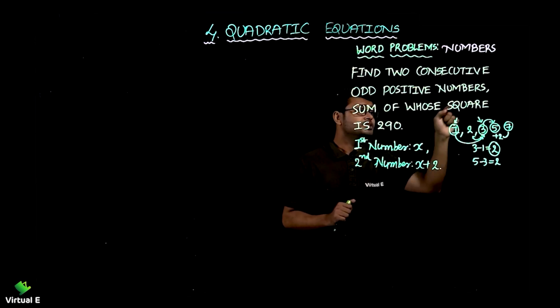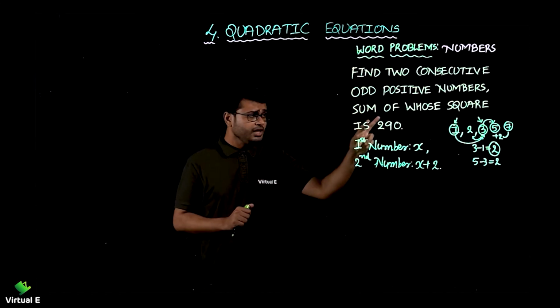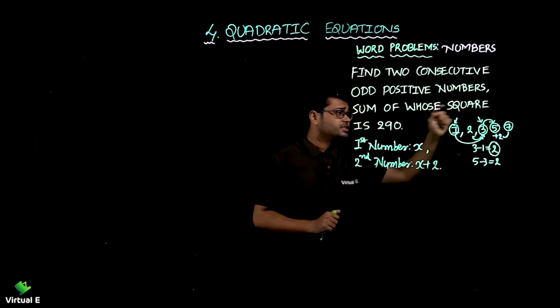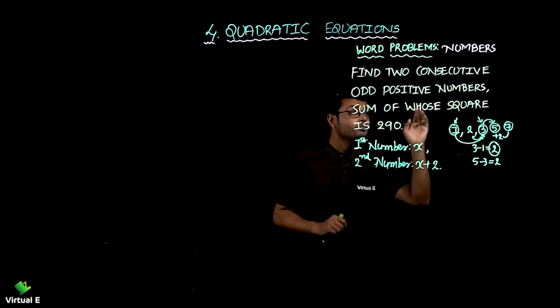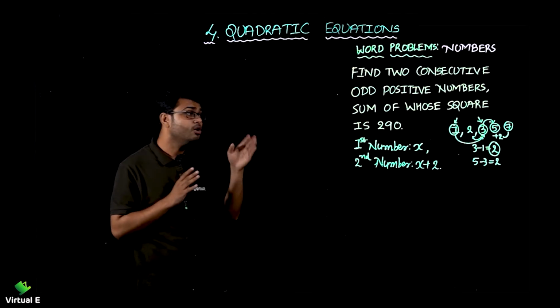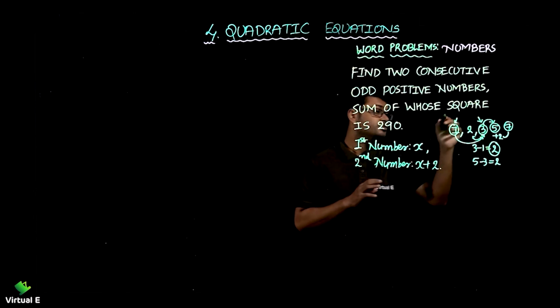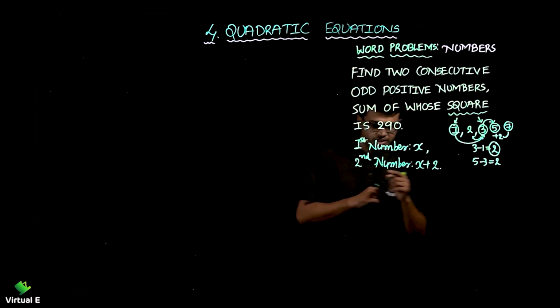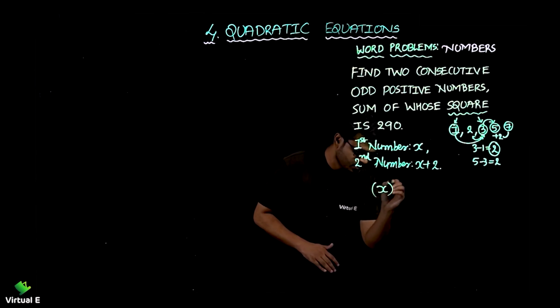Now what is the other condition? The sum of whose squares is 290. There are two things given here, sum and square, and the order matters a lot. Think in reverse: first we do the square. The square of the first number is x square.